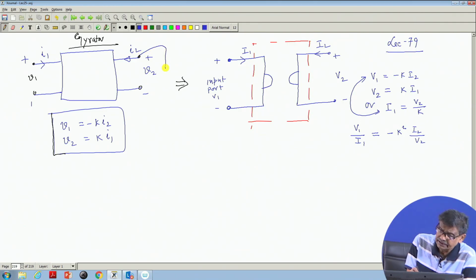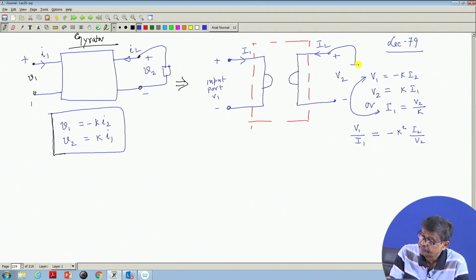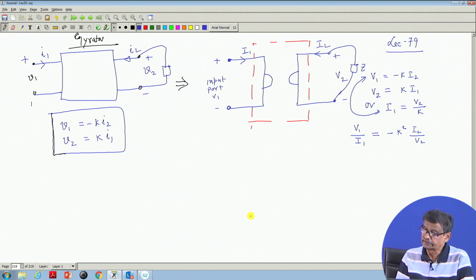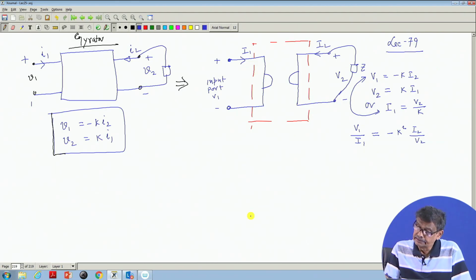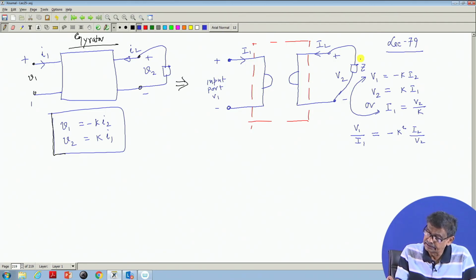Suppose you have connected any impedance, it need not be an inductance or capacitance. Suppose some complex impedance Z is connected. Then this relation holds, because the current is entering. So V2 by Z gives minus I2.